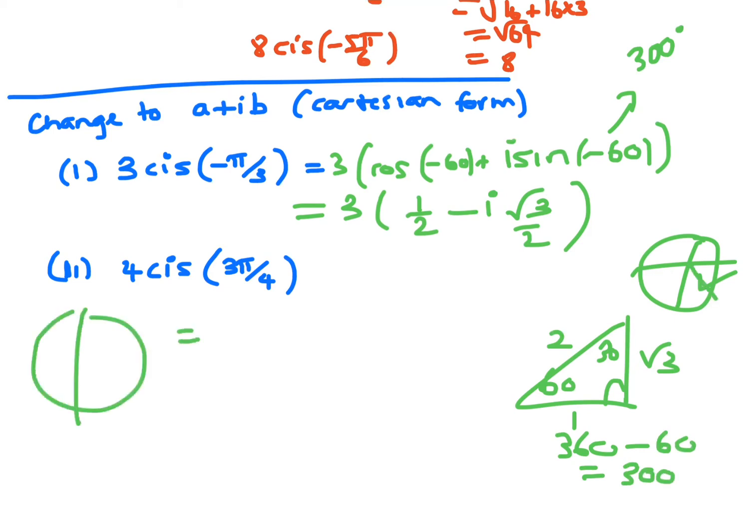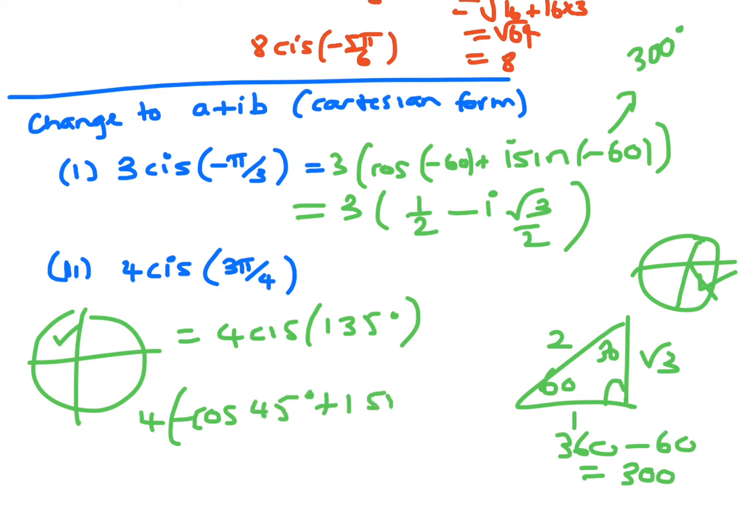Okay, so this one here, this is 4 cis 135. So 135 is just there. So it's 4 cos. Now 135 in that quadrant for cos would be minus cos 45 plus i sine. Sine will be positive because it's a 45 angle and cos is negative in that quadrant and sine is positive.